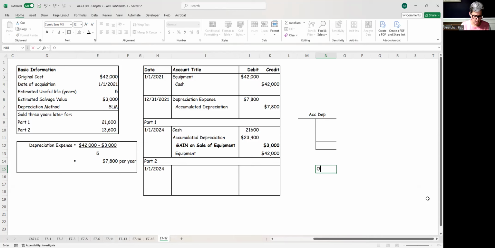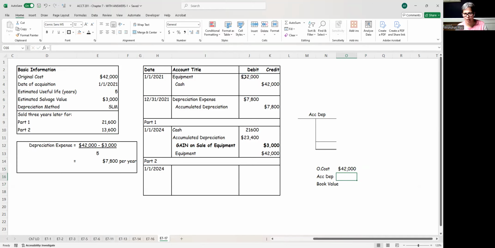The original cost of the asset less accumulated depreciation gives me the book value of the asset, what the value of the asset is in my books. So the original cost of the asset is $42,000. I have depreciated it 23,400.